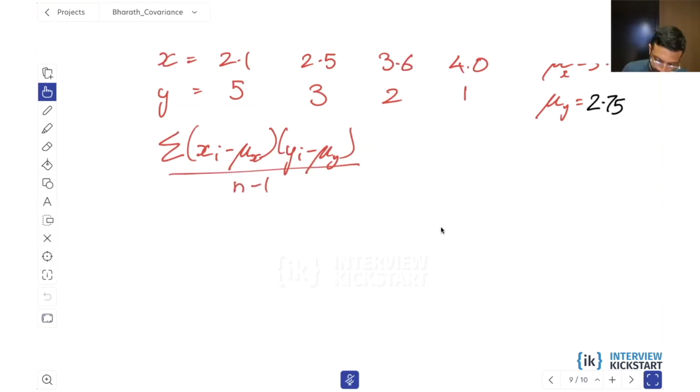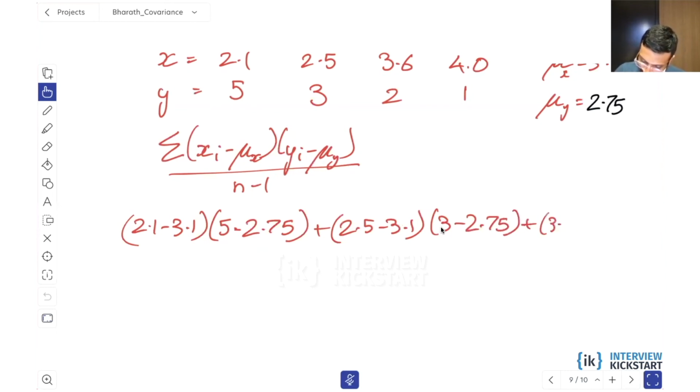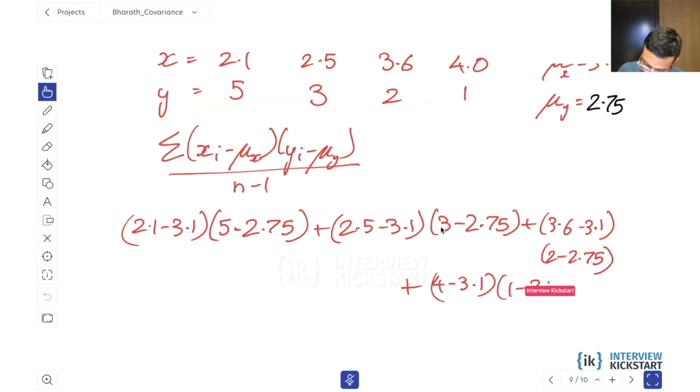So that looks like 2.1 minus 3.1 into 5 minus 2.75, plus 2.5 minus 3.1 into 3 minus 2.75, plus 3.6 minus 3.1 into 2 minus 2.75, plus 4 minus 3.1 into 1 minus 2.75. And this entire thing is divided by 3.